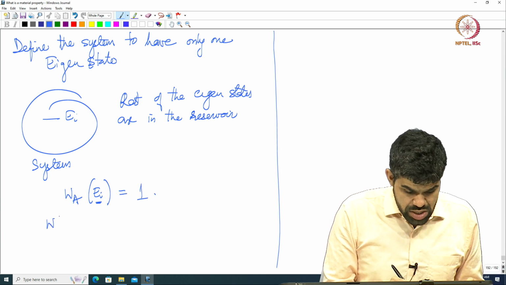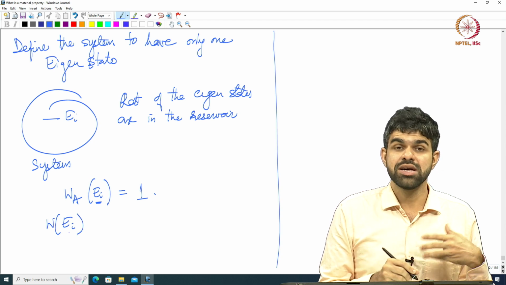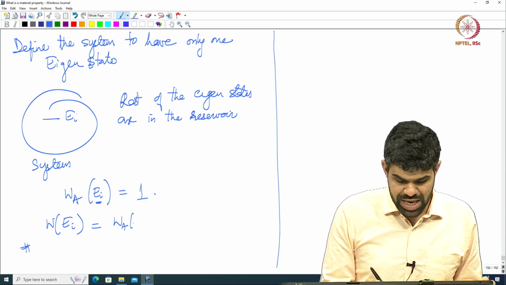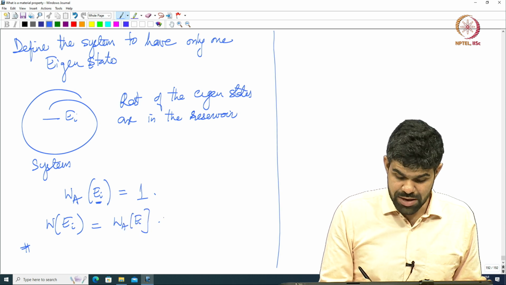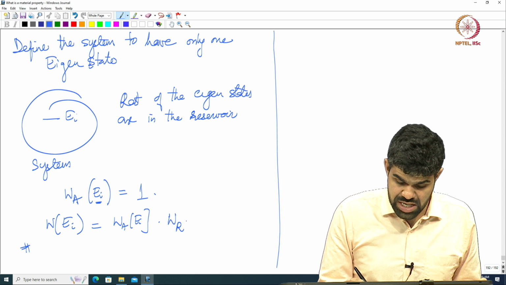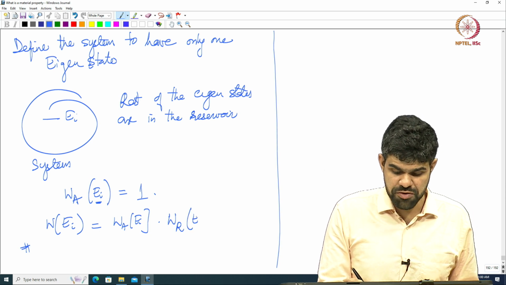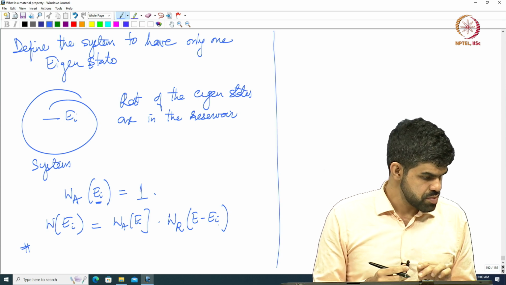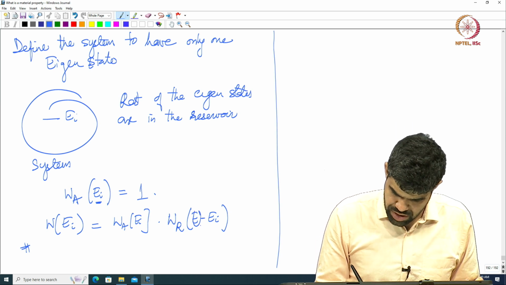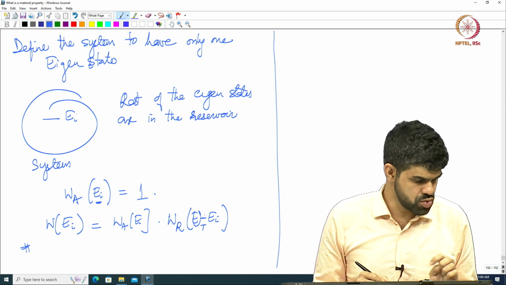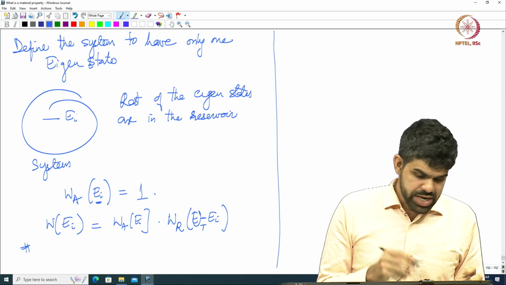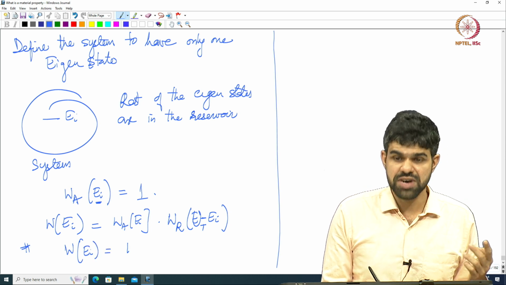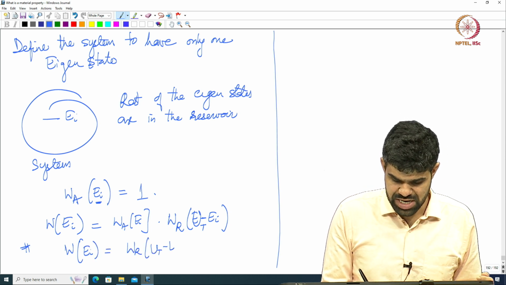The total number of states in system plus surrounding is nothing but W_A(E_i), which is 1, times W of the reservoir, and the reservoir has an energy of U_total minus E_i. So essentially the total number of states is just defined by the total number of states in the reservoir, U_T minus E_i.